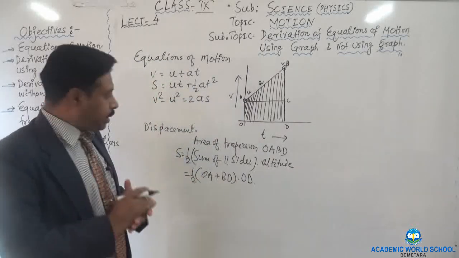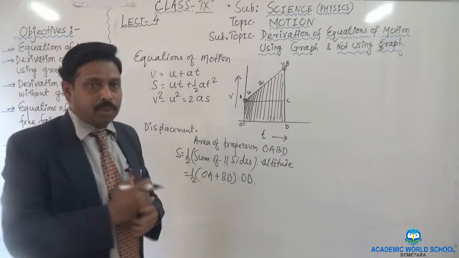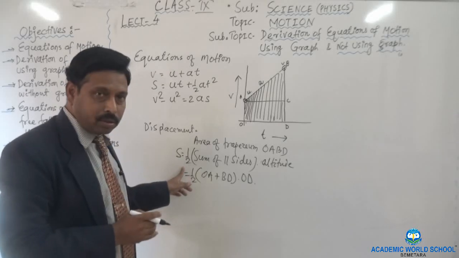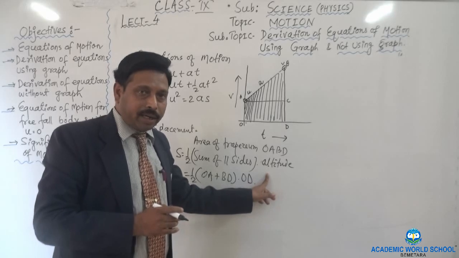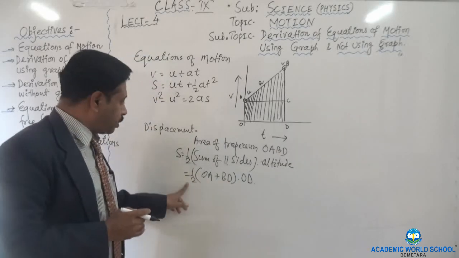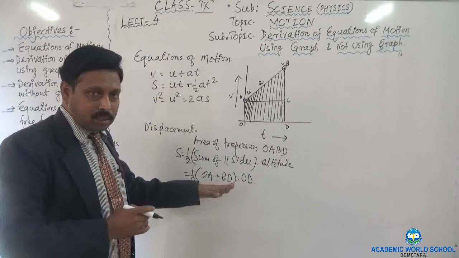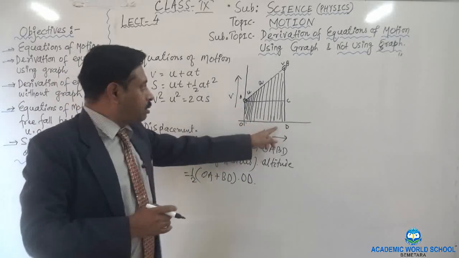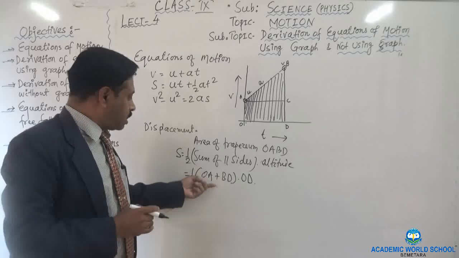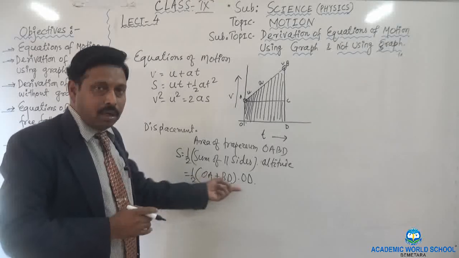Okay? Again I repeat. The formula for the area of the trapezium is half into the sum of the parallel sides multiplied by altitude. So I have written half into the sum of the parallel sides. Which are the parallel sides here? OA parallel to DB. So I have mentioned OA plus BD, into altitude.